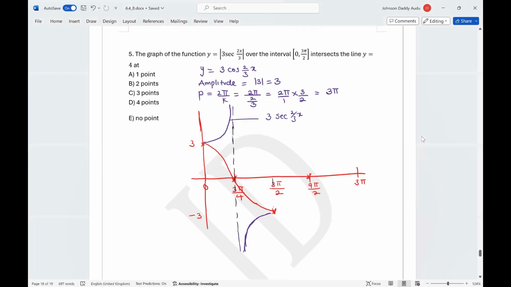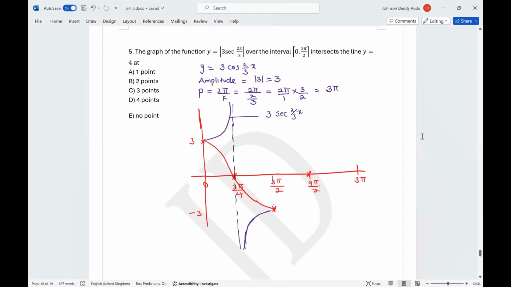Now, if you look at it, because of the absolute value, this purple part that is below the x-axis, we need to reflect it across the x-axis.